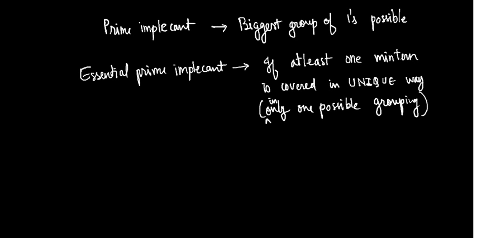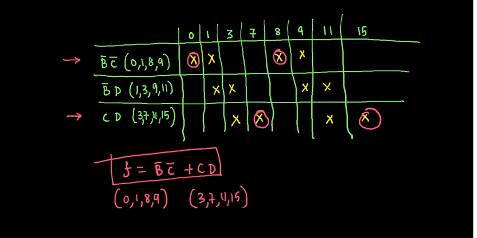That's what in the previous one, the columns which were having only one cross mean there is only one possibility of grouping those. Those are called essential prime implicants.